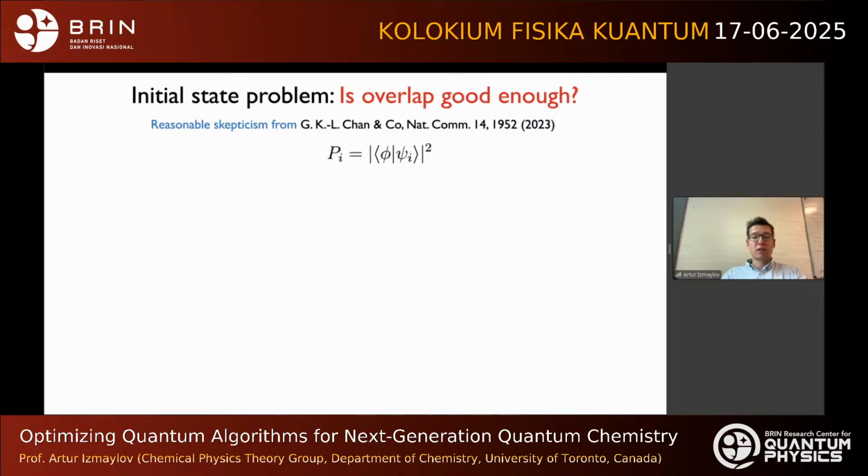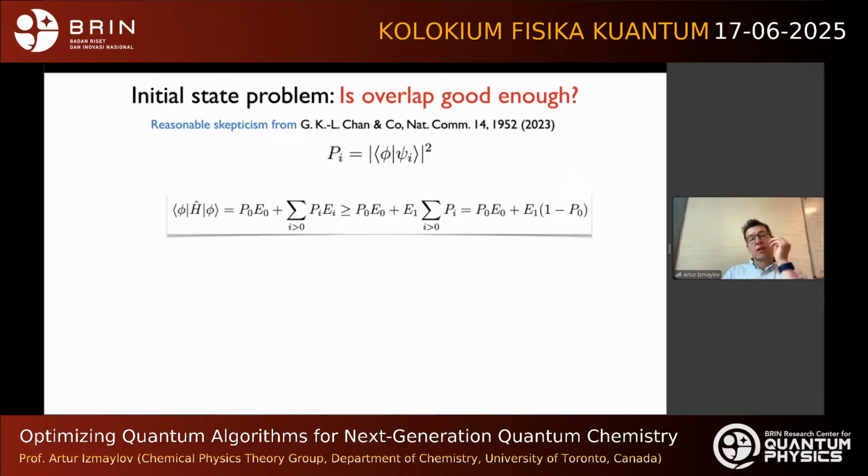And there will be nothing in the middle, or nothing important in the middle, so then quantum computers will not be useful. So that's one of the skepticisms about quantum computers, and it really brings the question of how good an overlap one can guarantee.